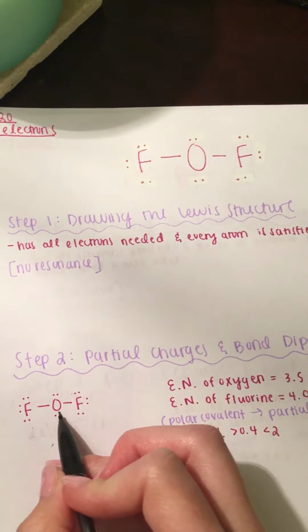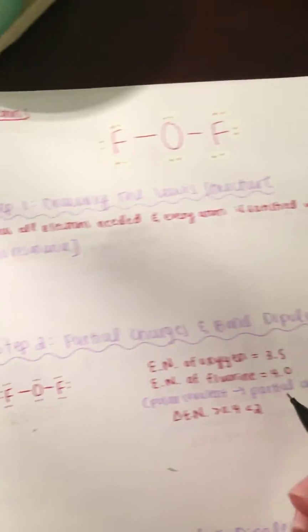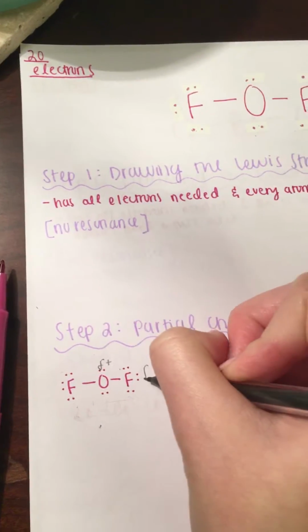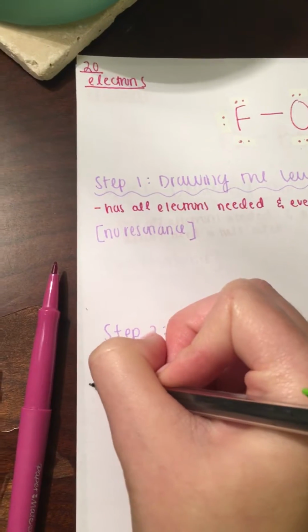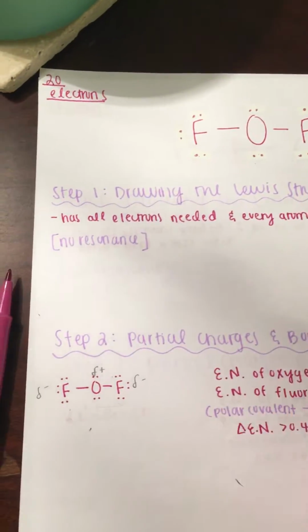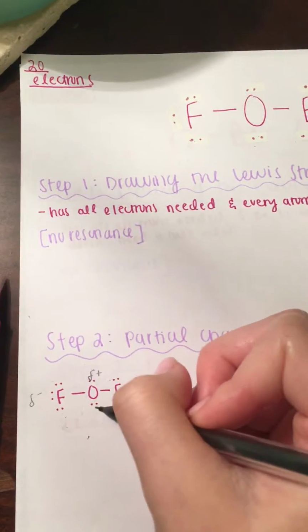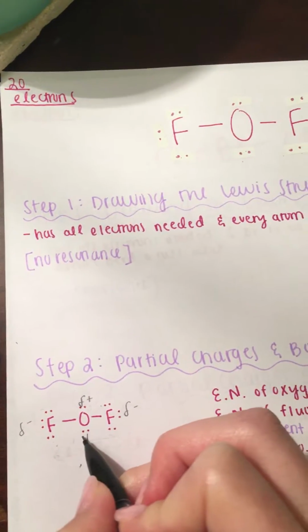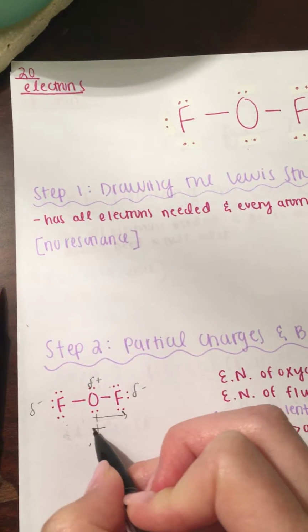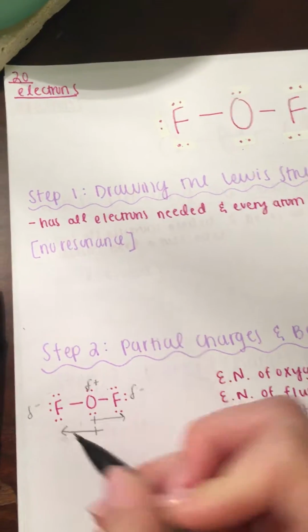Oxygen is less electronegative than fluorine, so we're going to give it the positive partial charge, and fluorine gets the negative because it is more electronegative than oxygen. Now we can draw the dipoles: the positive side of the dipole on the oxygen, going towards fluorine. We do the same on the other side.